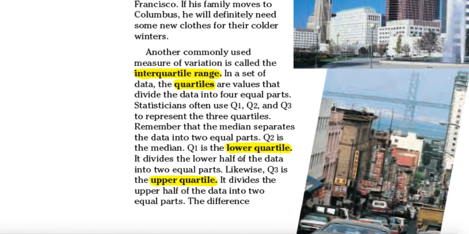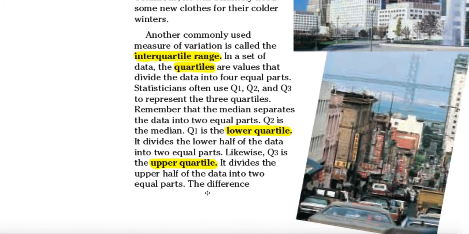When we studied measures of variation in the past, we did not assign Q1, Q2, Q3 for them. Now we are assigning them. Q1 is the lower quartile, Q3 will be your upper quartile, and Q2 would be your median. Okay?